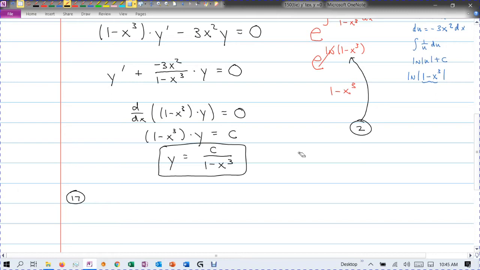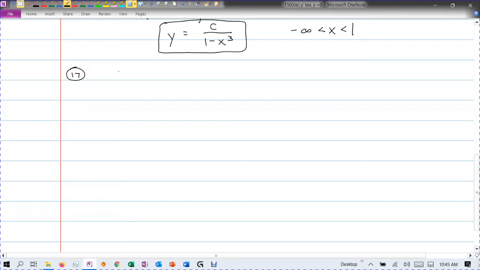I just need to make a slight adjustment on this domain. We can have that x has to be less than 1, but it can also be less than 0, because if I put a negative in here and cube it, then I'm still going to subtract it. So basically this can be negative infinity less than x less than 1. Okay. All right, we're moving on.